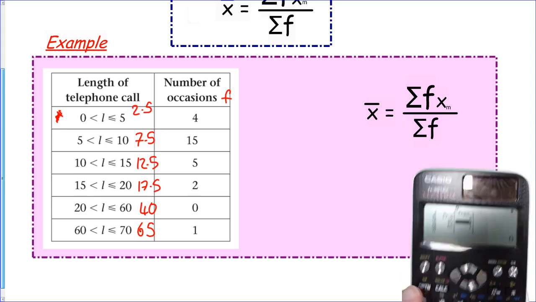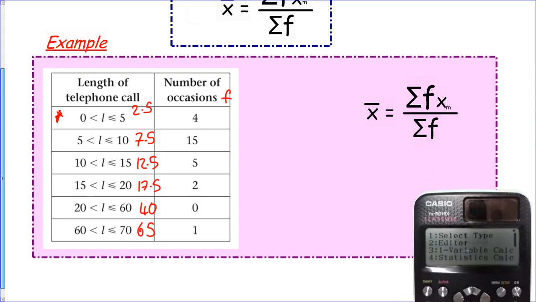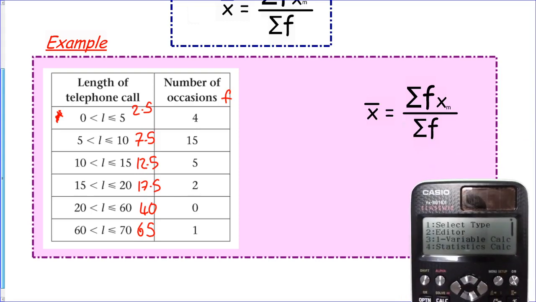We're now going to go on the option key, which is here, and then we're going to go on one variable calculations, which is option number 3. We can see for this the mean is 10.55, so we're going to give our answer as x bar is 10.6.